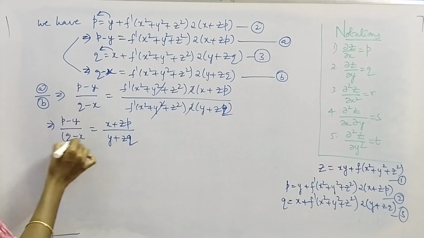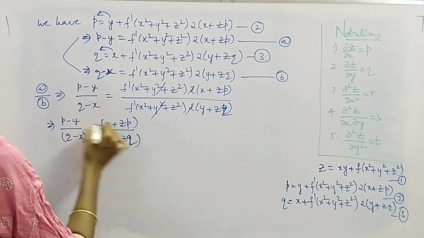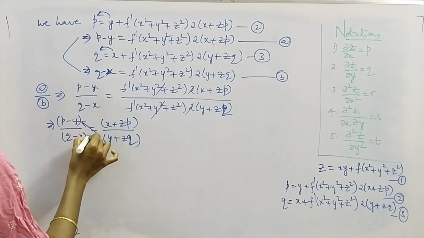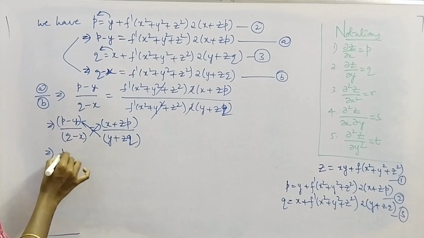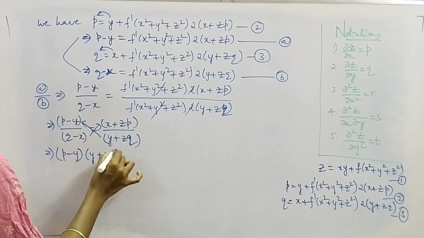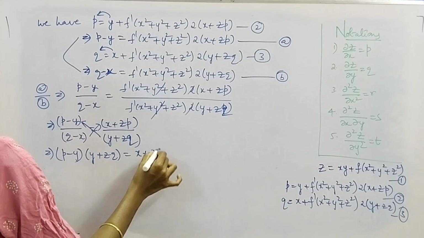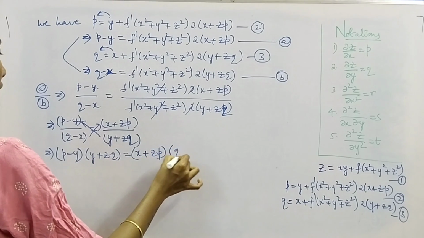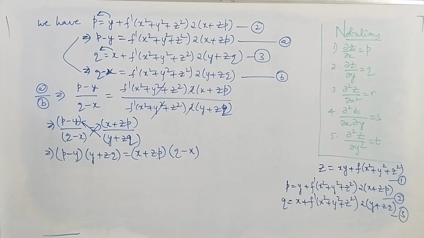Right? Now make a cross multiplication and simplify it. You get p minus y into y plus zq equal to x plus zp into q minus x. You need to simplify it now, okay?